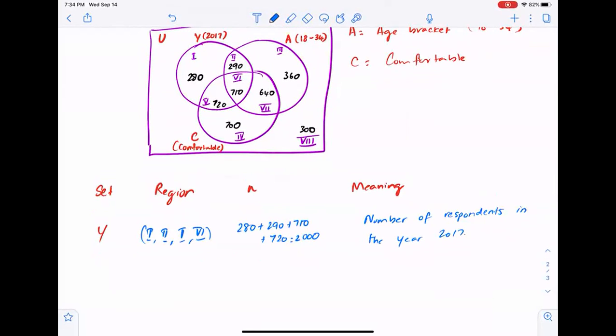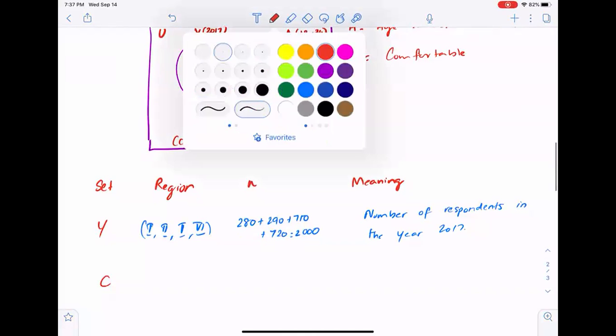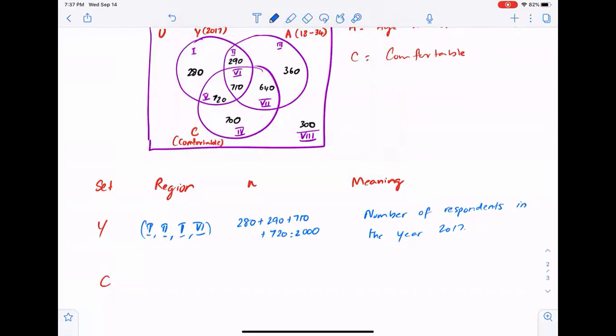C. So in this case, for the set C, the regions would be, let's start with 4, 5, 6, and 7.